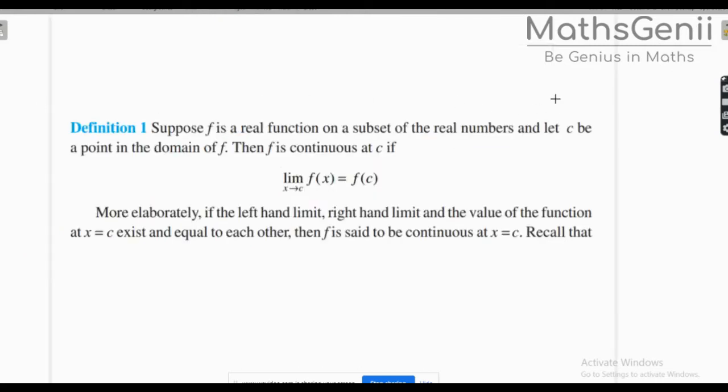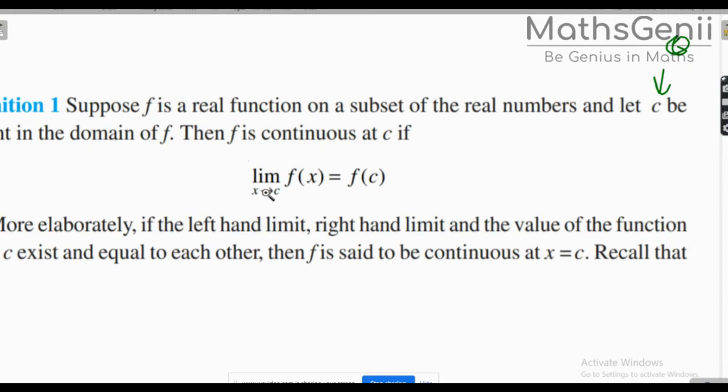In our case, in the previous example, the C was 0. Okay. Then f is continuous at C if. So this is the condition that we are going to follow throughout the chapter. So they have not written C minus C plus separately, but this is what is understood, correct? This is what is understood.